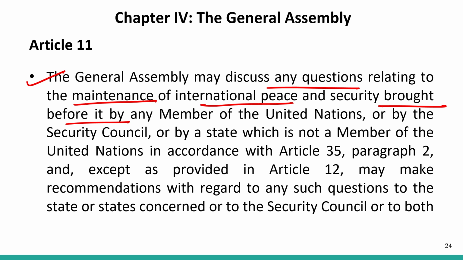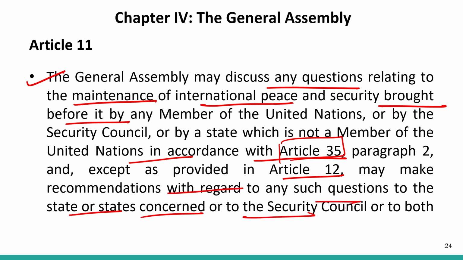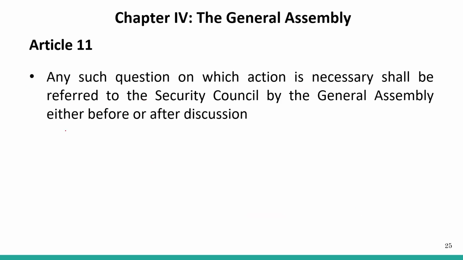Any member of the United Nations or the Security Council or a state which is not a member of the United Nations in accordance with Article 35, Para 2, and except as provided under Article 12, may make recommendation with regard to any such questions to the state or states concerned or the Security Council or both. Any such questions on which action is necessary shall be referred to the Security Council by the General Assembly either before or after the discussion.